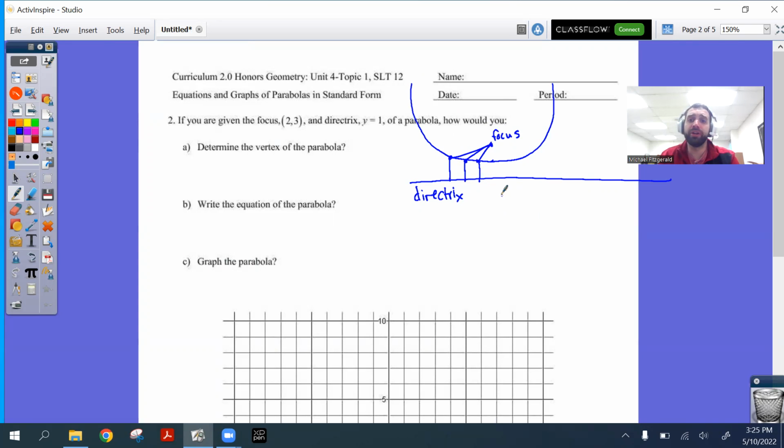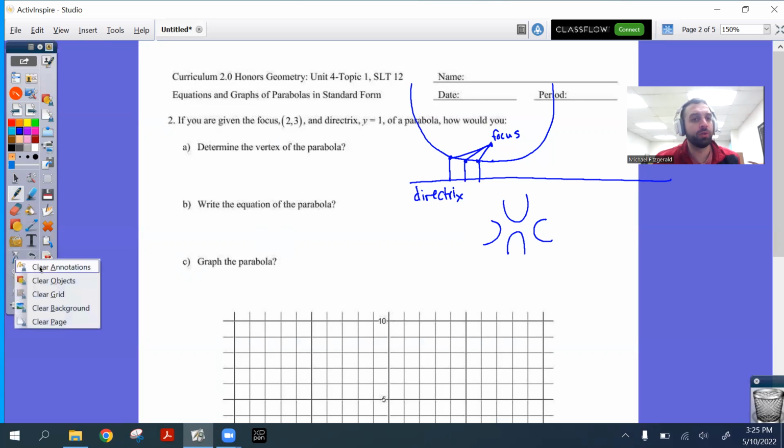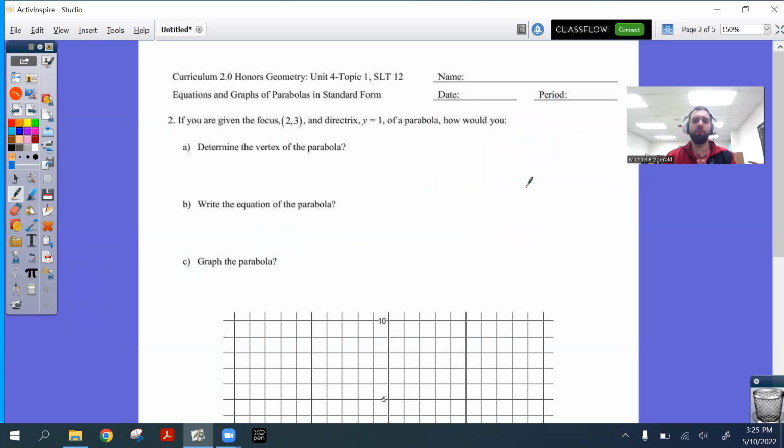Parabolas can open in one of 4 different ways, as you know. It can open up, it can open down, and it can open left, or it can open right. There's a few ways to tell which way that opens. The first thing we're going to do is look at the orientation of the directrix and its focus in relation to each other. If the focus is above it, then it's going to open up.